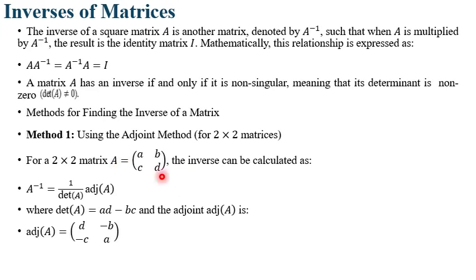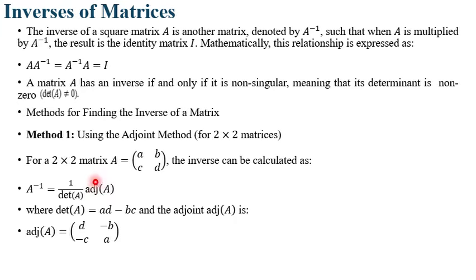So basically, using this method, the inverse of this matrix will be equal to 1 all over the determinant of the matrix multiplied by the adjunct of the matrix. Adjunct, well, in some other textbooks you have it as adjugate, so it is the same thing.